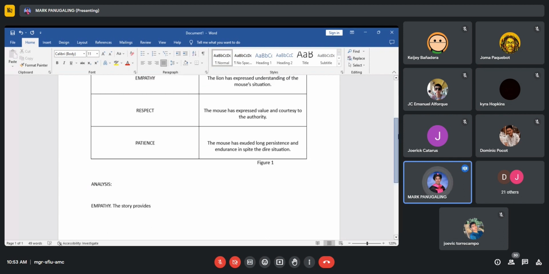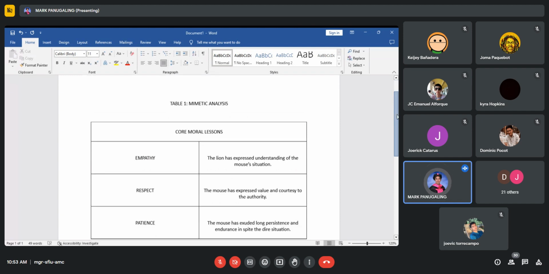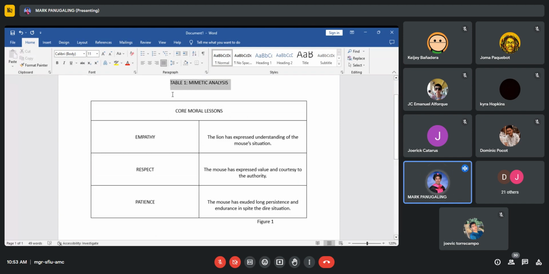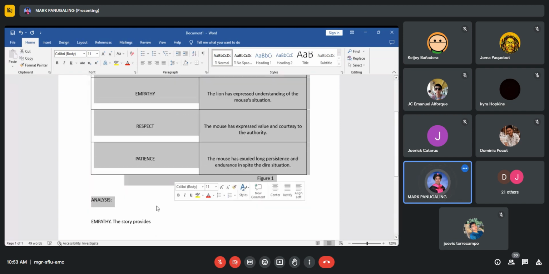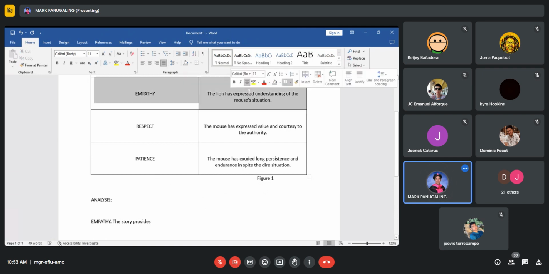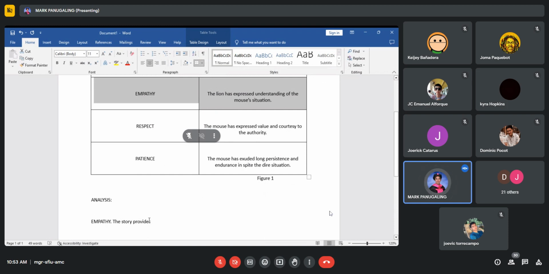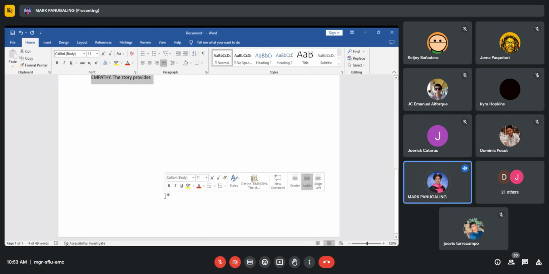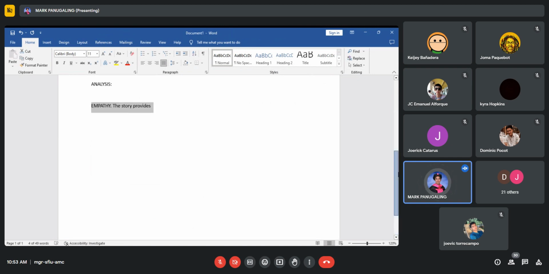So that's what I said to you, be sure that your problem number one, this table will be put in the results and discussion, because after the presentation of the table, you will explain what the table is all about. The empathy, this is only the concept, the very key concept of what you will discuss. So empathy, how did it happen? The story provides, in the situation where the lion tried to, you explain it here now, a long statement that explains what you put in the entries above.